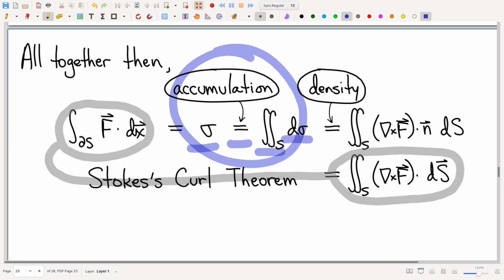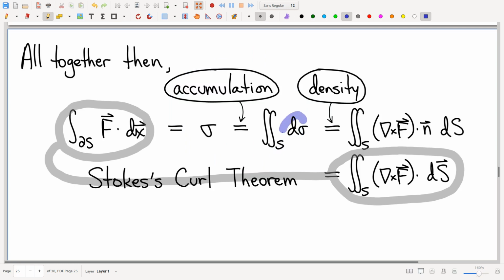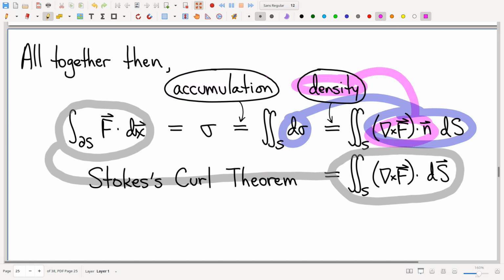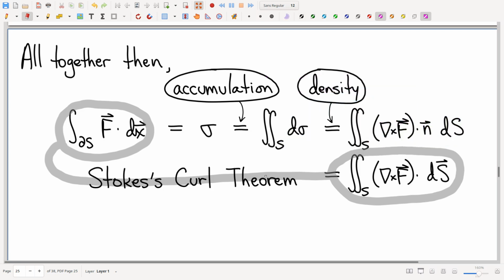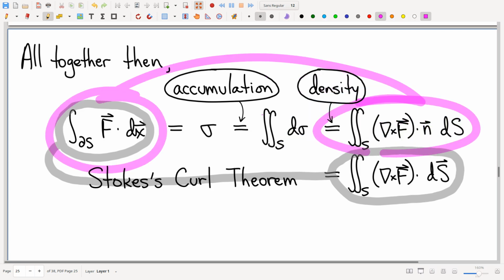And stuff, as noted on the previous page, is stuff per unit size, namely density, times size. And lo and behold, we have ourselves a theorem. So this can be computed with that. If you want to compute a boundary circulation around the boundary of a surface in space, you could instead compute this surface integral over the surface whose boundary that curve is.